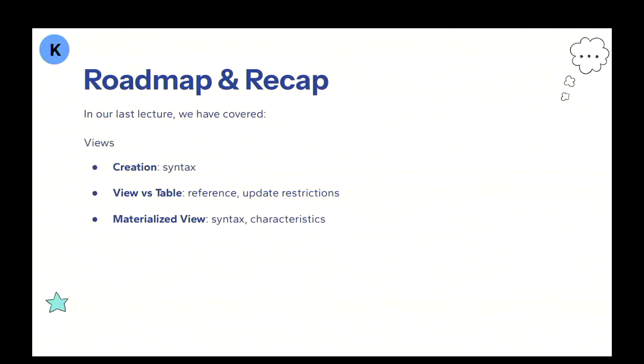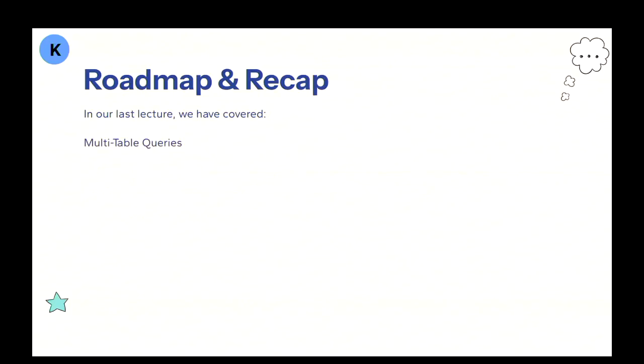And a materialized view is actually stored in the system, and it allows us to access the content of the views faster. And the syntax for creating a materialized view is create materialized, and then followed by the normal syntax of creating a normal view. And that's all about the materialized view.